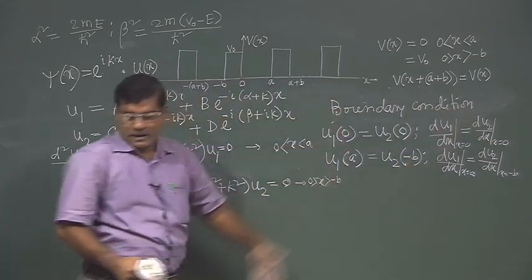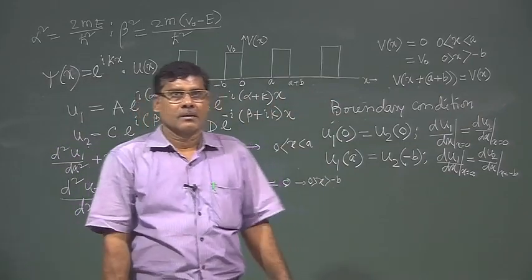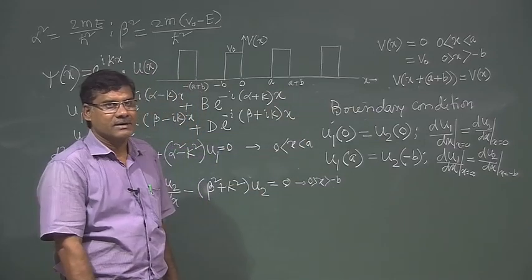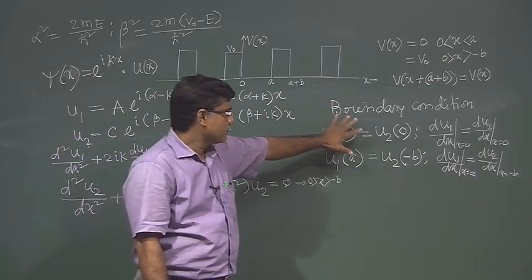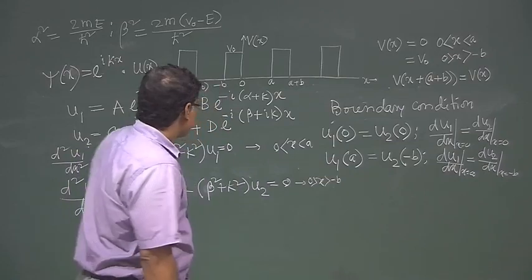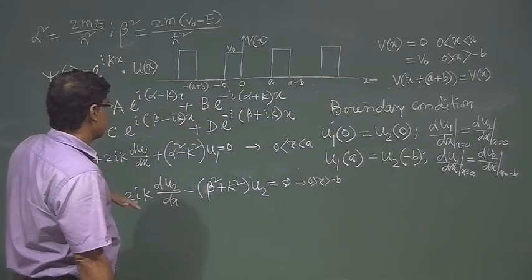Whatever I am doing, this is just the method. You will do this type of calculation many times in quantum mechanics. This is the method, this way one has to proceed. Okay. Now you see, I have to use the boundary condition.